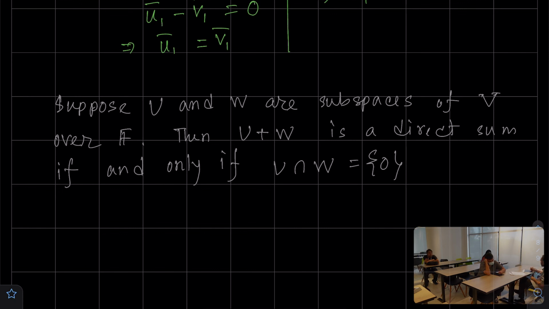So we need to check if U intersection W is equal to only the 0 vector, then the summation U plus W will be a direct sum. Yeah, this is the 0 vector. It's a theorem.